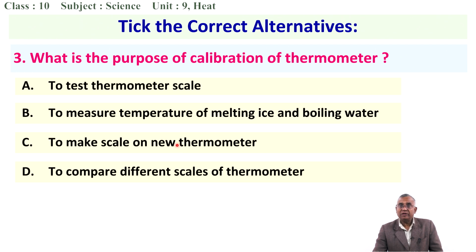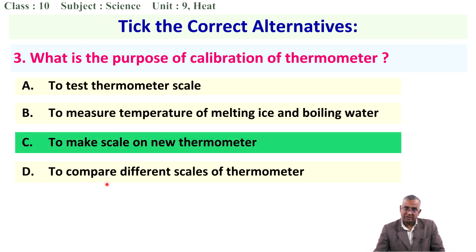Here, new thermometer means newly constructed thermometer. It does not mean when you are buying a new thermometer from the market. So there are 4 alternatives. In your opinion, which one is correct? Yes, it is to make a scale on a newly constructed thermometer.